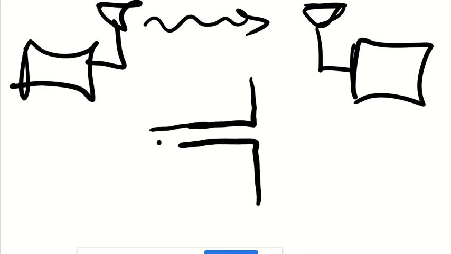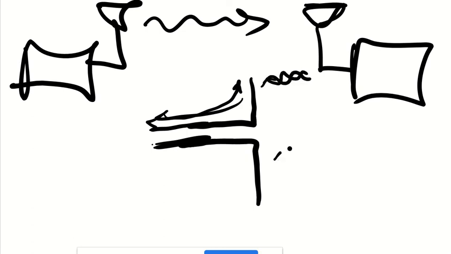And it looks something like this. And I said that you have carriers traveling back and forth, and because of that, you have an electromagnetic wave emitted from these wires.